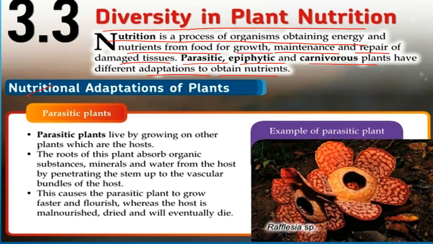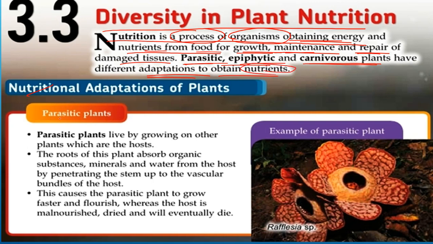Nutrition ini adalah proses untuk organism itu obtain energy daripada nutrient, daripada food, untuk growth, maintenance, and repair. So kita ada 3 jenis plant lah, parasitic plant, epiphytic plants, dan juga carnivorous plant. Dan ketiga-tiga ini mempunyai adaptasi yang berbeza untuk cara mereka obtain nutrient.